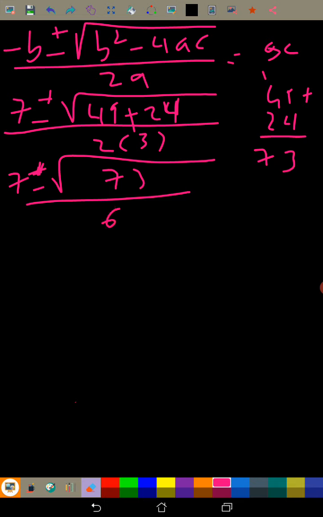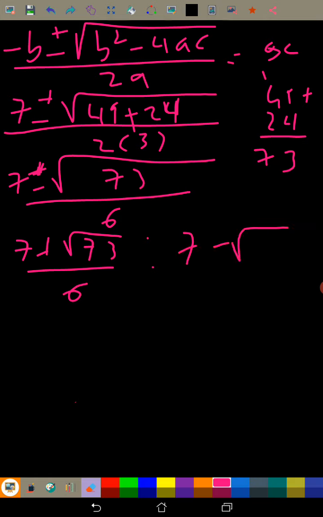So that's what we have: y is equal to 7 plus root 73 divided by 6, and y is equal to 7 minus root 73 divided by 6.